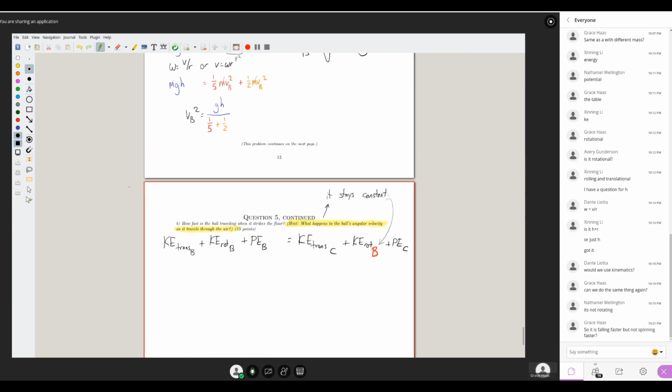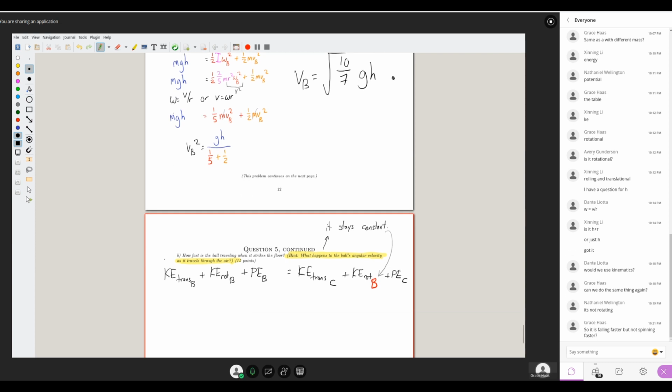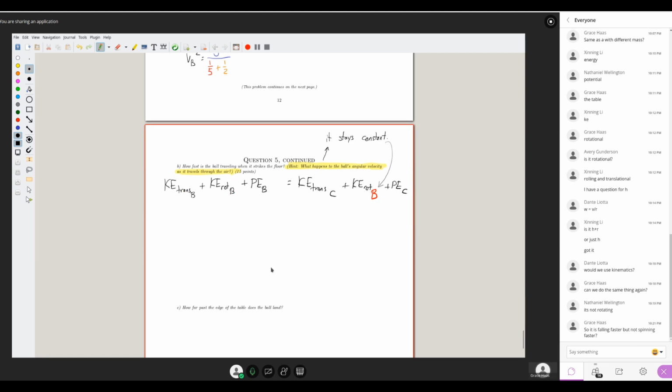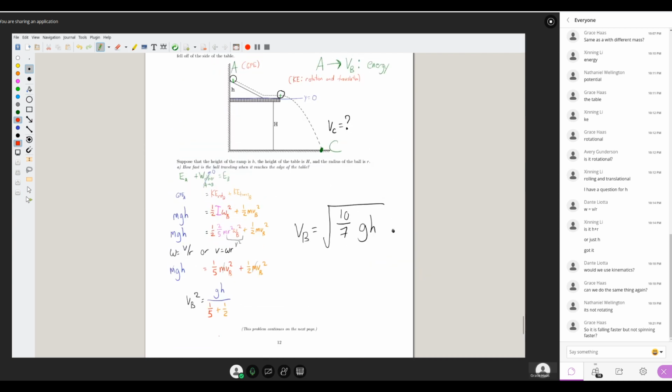So let's just put in the stuff we know. The translational kinetic energy at B is going to be 1/2 m VB squared. The rotational kinetic energy cancels, right? That's the same. I'm kind of going through the formalism here, but the point is, as the ball falls, no energy is gained or lost from its rotation.